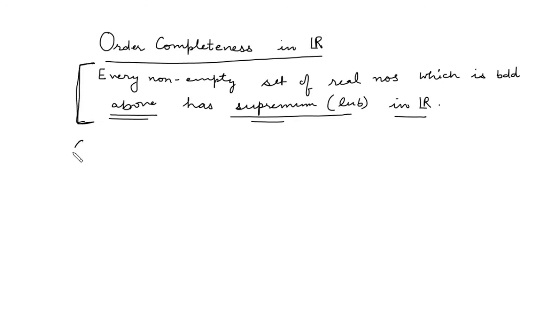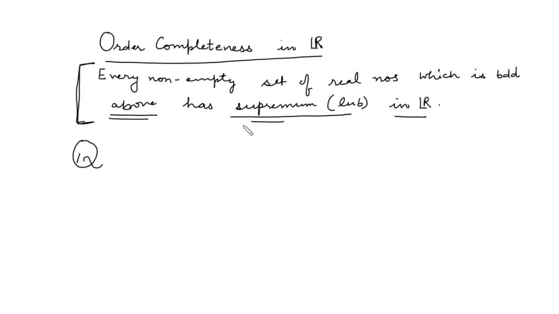What can be said about the set of rational numbers? Are they order complete? No, ma'am. They are not order complete, meaning there may exist a set of rational numbers which is bounded from above, but has no least upper bound in the set of rational numbers, right?